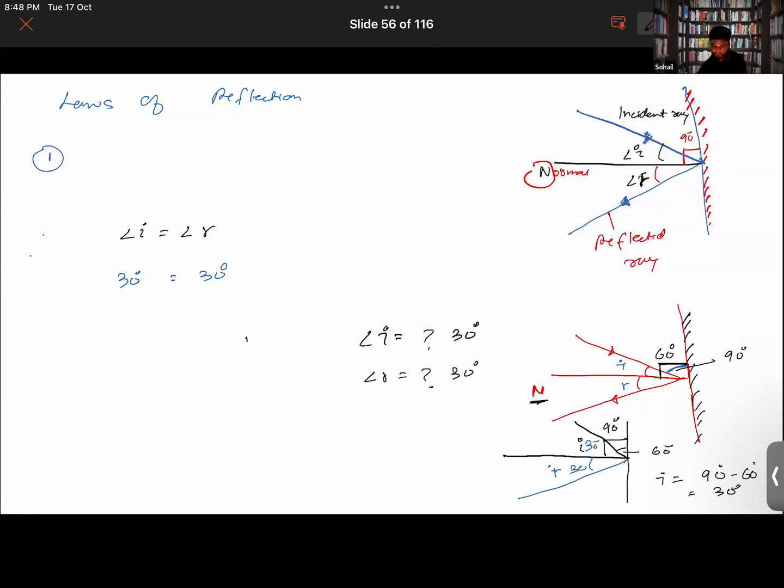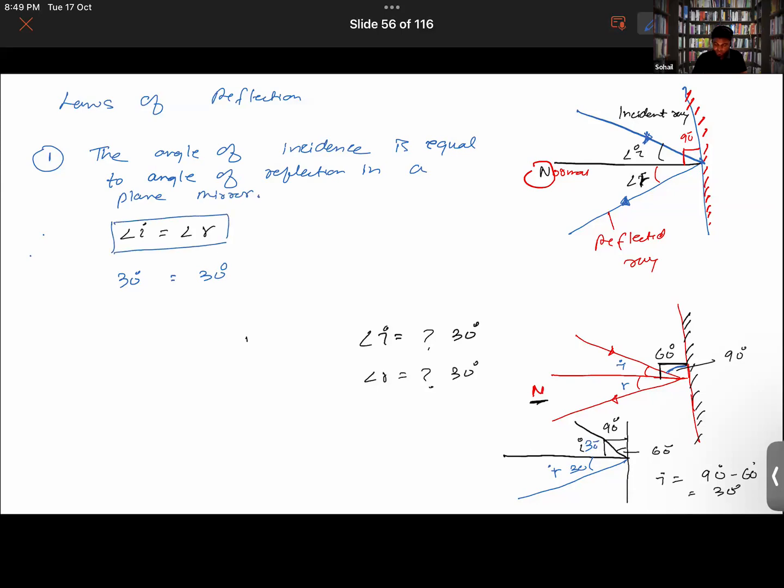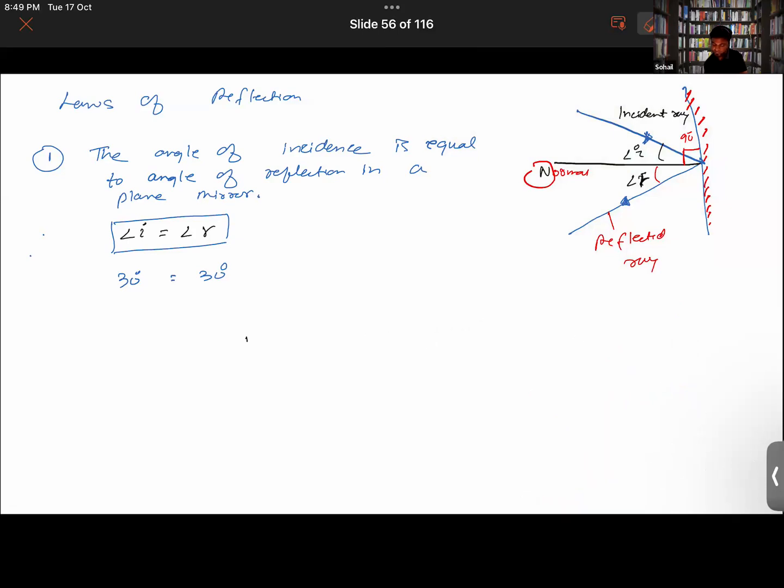So that was the first law of reflection, which says that the angle of incidence is equal to the angle of reflection in a plane mirror. And then under the bracket, you can denote it in this manner. Getting it? Yes, sir.